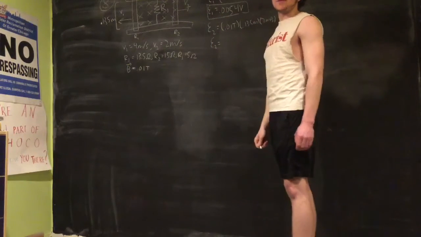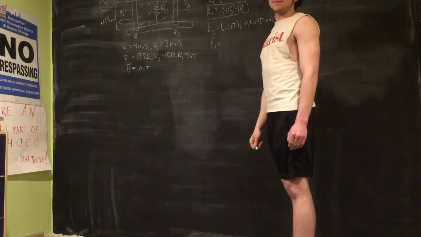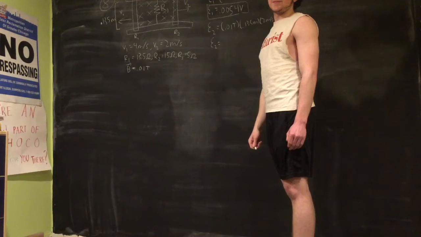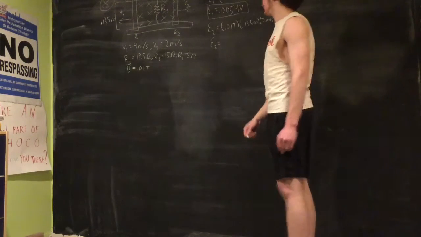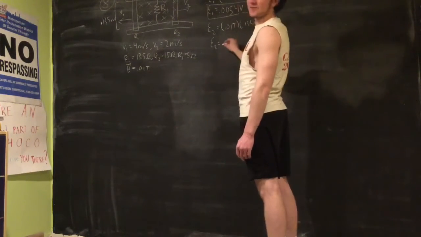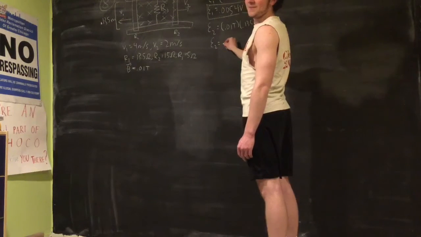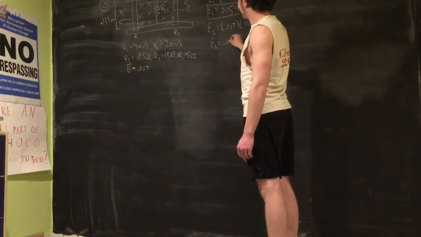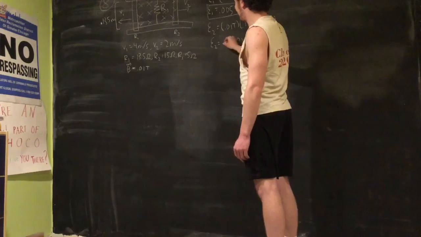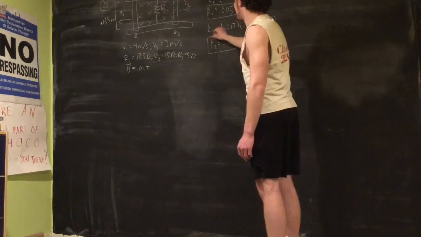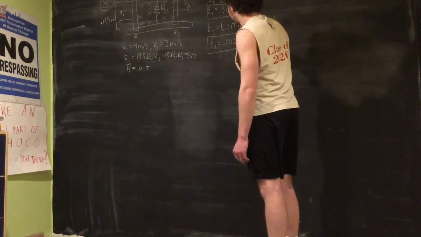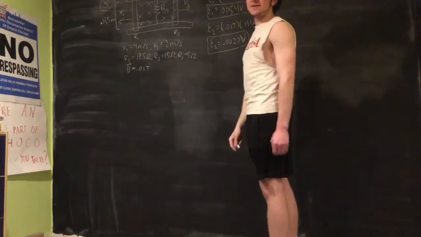What's 54 divided by 2? 27. So this is 0.0027 volts. I know it's confusing that they're the same V's, but this is technically a big V, for volts, and that's technically a little V, for velocity.